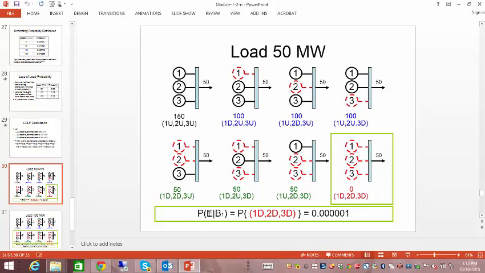So the probability of E given B1, the probability of loss of load given the load is 50 megawatts, is the probability of this event, which we have already calculated previously.